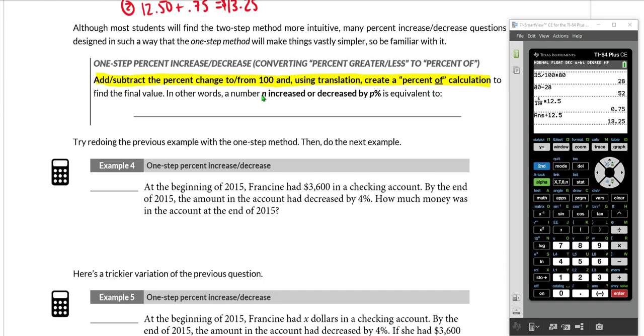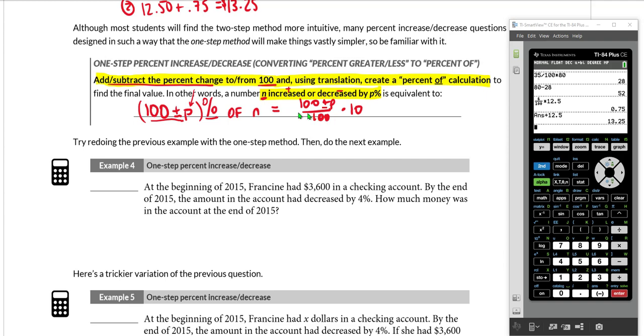So if we're increasing or decreasing a number n by a certain percentage p, we are going to take 100 plus or minus p, adding the percent change to or from 100, depending upon whether we have an increase or a decrease. 100 plus or minus p percent of the initial value n. This translates to 100 plus or minus p over 100 times n.